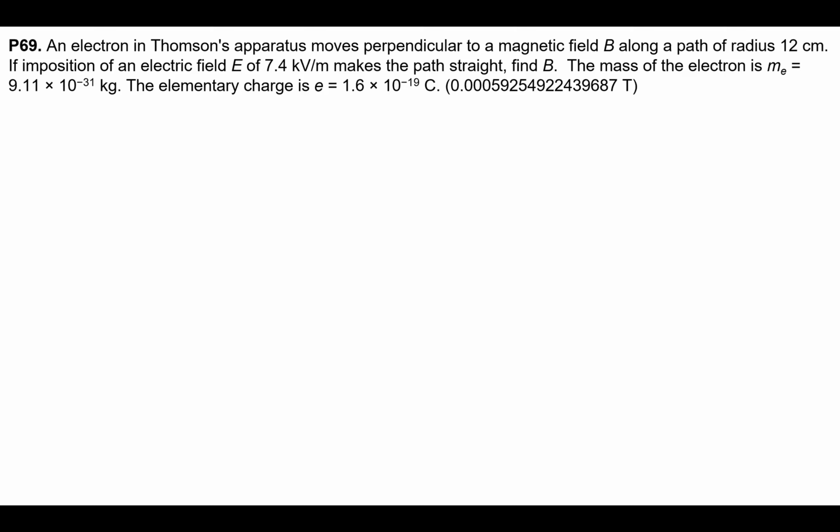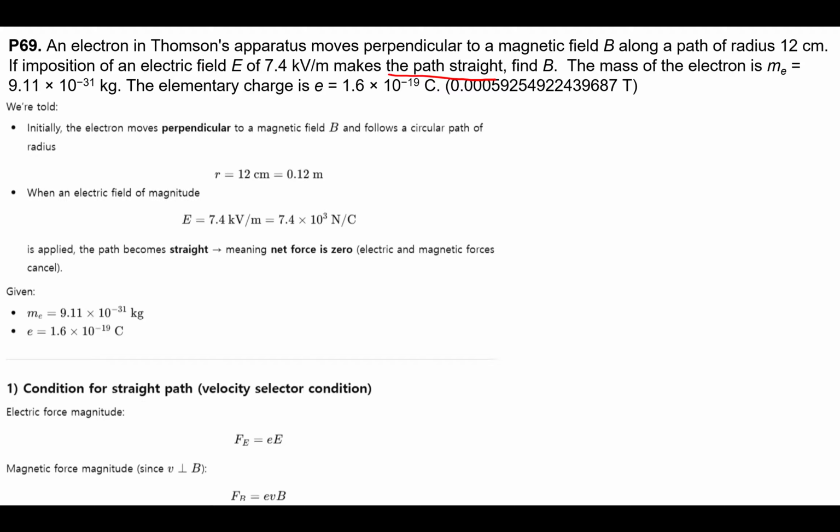Once again, it is a charged particle in a magnetic field and electric field, both cases. A straight path means that it does not deflect, which means the electric force and the magnetic force are in equilibrium.